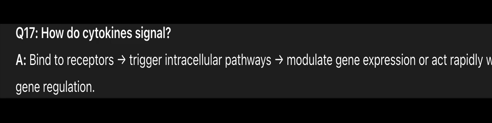How do cytokines signal? There's 3 different steps I'm looking for here. Cytokines signal by binding to receptors, which triggers intracellular pathways, which modulate gene expression or act rapidly without gene regulation.